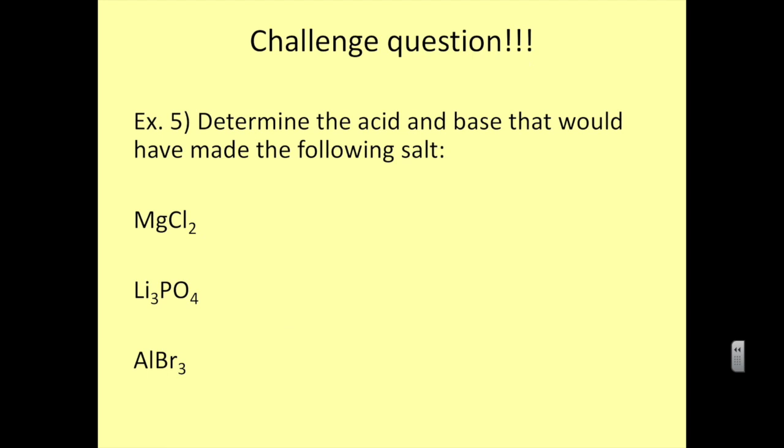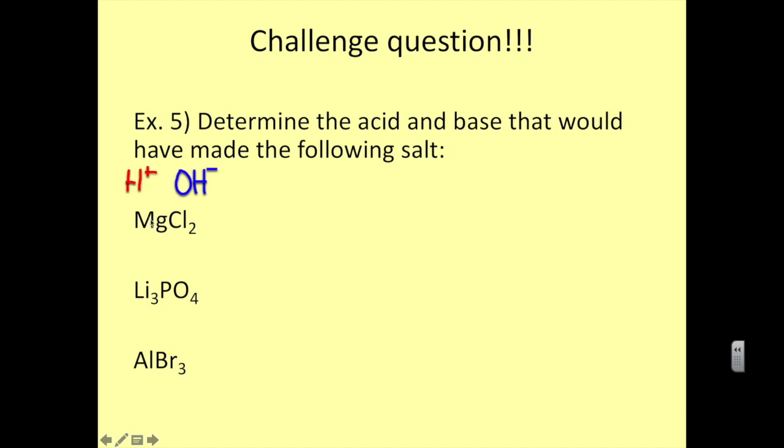Now, to determine the acid and base that would have made the following salt, we would call this the parent acid and the parent base because that's where they came from. What you should do is try to think of the acid and base that would have made this salt. All 3 of these are salts. Recall that an acid comes from H plus and a base ends in OH.